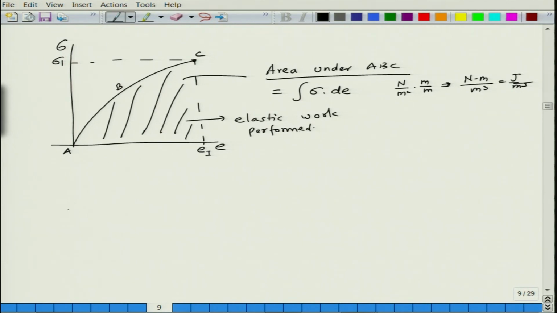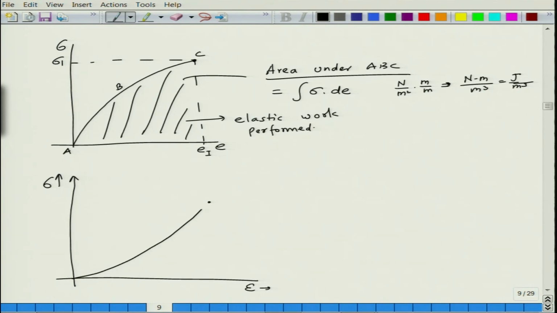What happens during the retreat cycle? When you come back from, let us say, point C, so this is C, D and A. Now you are coming back, here you went in this direction.